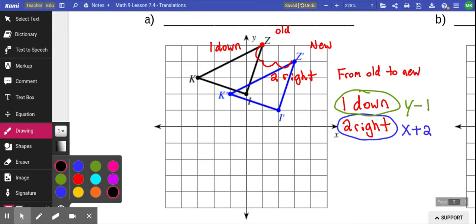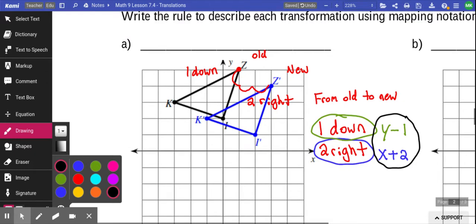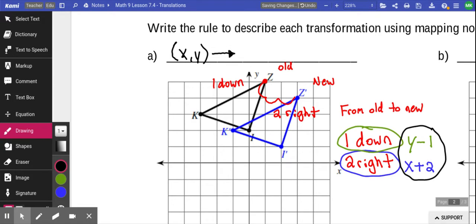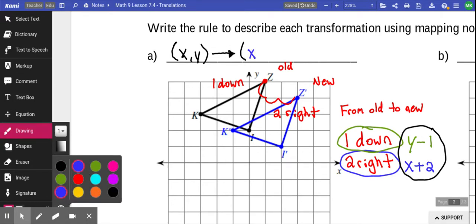So I've now created what my little formulas are. I just need to write them properly. So you always go X, Y, and then you do a little arrow, and then you write in your new mapping notation. So X became X plus 2, and then I put a little comma, and we said that Y became Y minus 1.